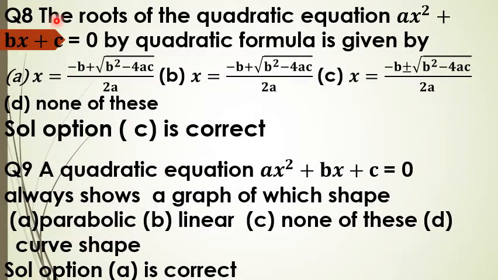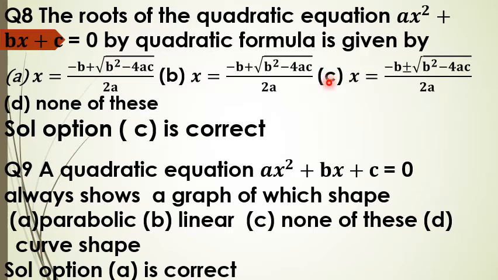Let us come to question number 8. The roots of the quadratic equation ax square plus bx plus c equals 0 by quadratic formula are given by. Here we have to find which option is correct. As we know, when we find the roots of the quadratic equation by the quadratic formula, it is given by x equals minus b plus minus under root b square minus 4ac upon 2a, which we have studied in the previous video lectures.